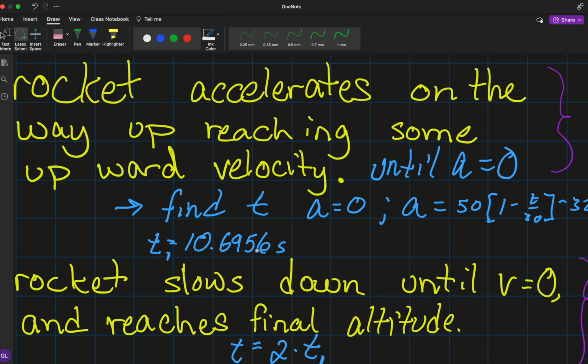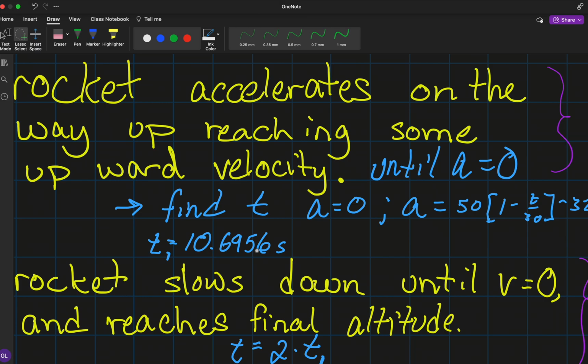So what a lot of people would want to do to solve this problem is first find out how long it takes for the engines to stop burning, which is not exactly the same thing as when the acceleration is 0, because of the force due to gravity and the other stuff in the problem. Anyways, just be careful with that.